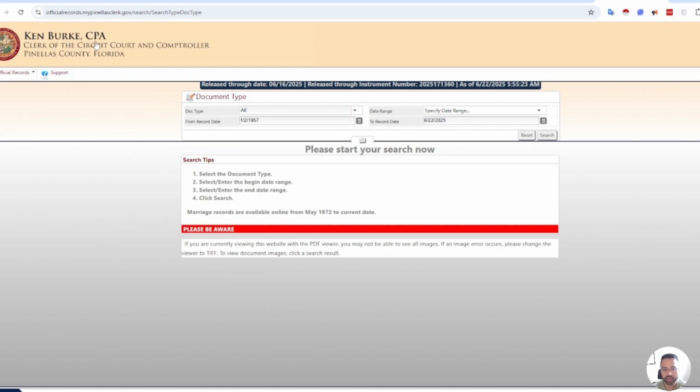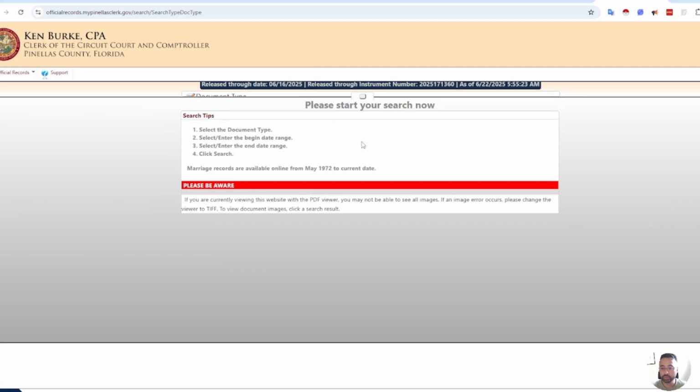I noticed some of the counties in Florida will summarize the document types, compiling things like tax delinquencies, mortgage issues, etc. So they'll give you the document types that are related to those events, which I found to be very helpful.